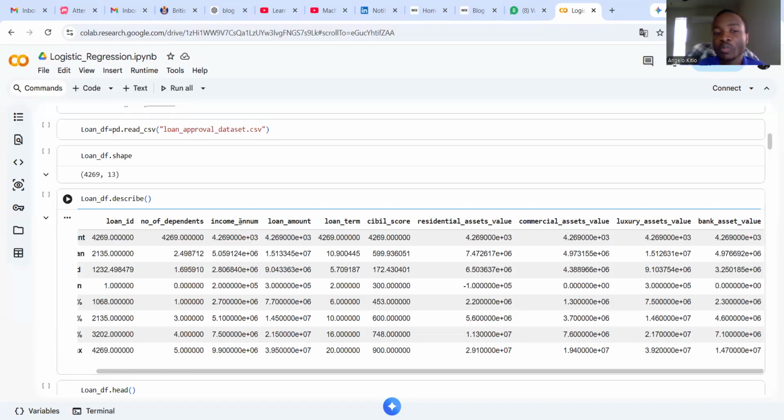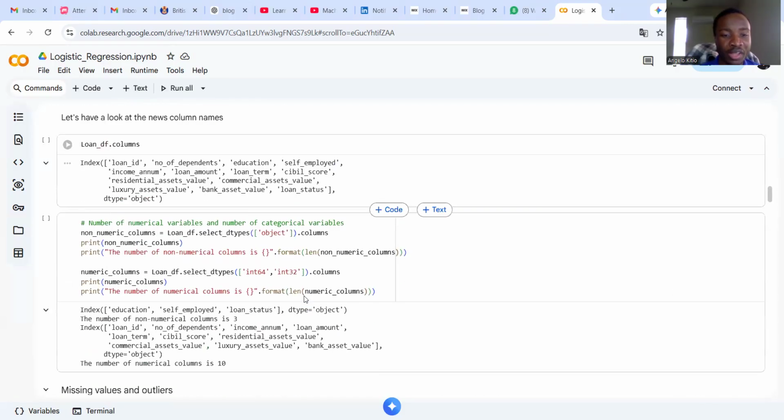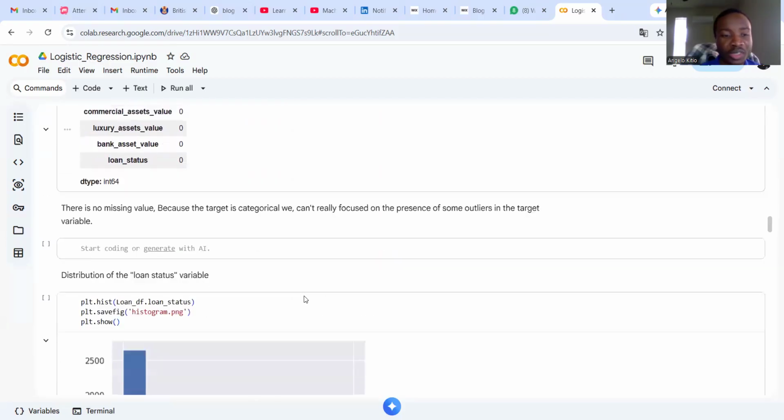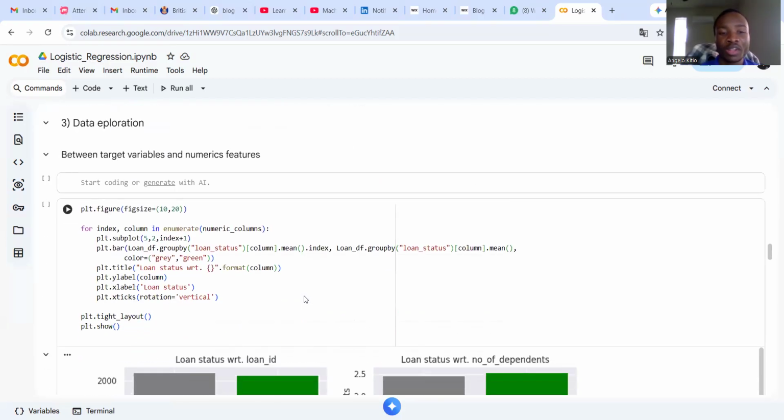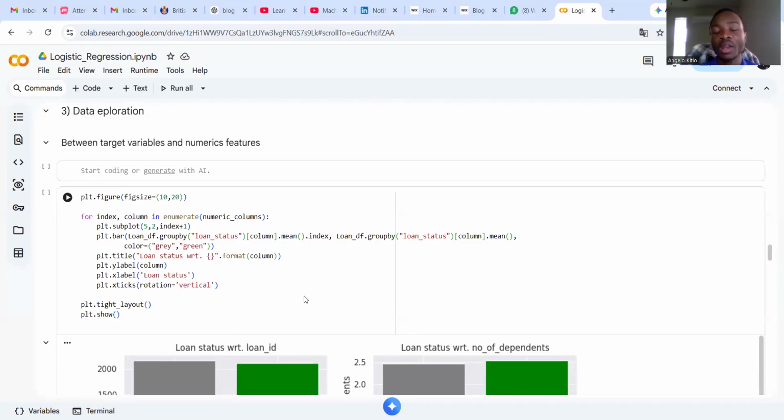Maybe that will increase the chances that the person will get the loan approved compared to someone who is earning a lot less. So this is why I had this exploratory data analysis step where I'm understanding the relationship between the target variable and the descriptive variables in the data set.